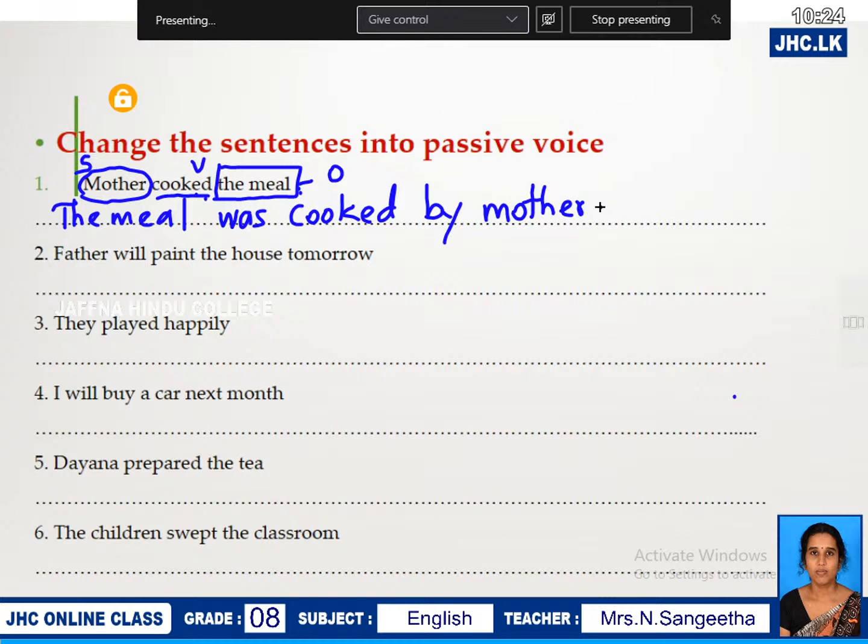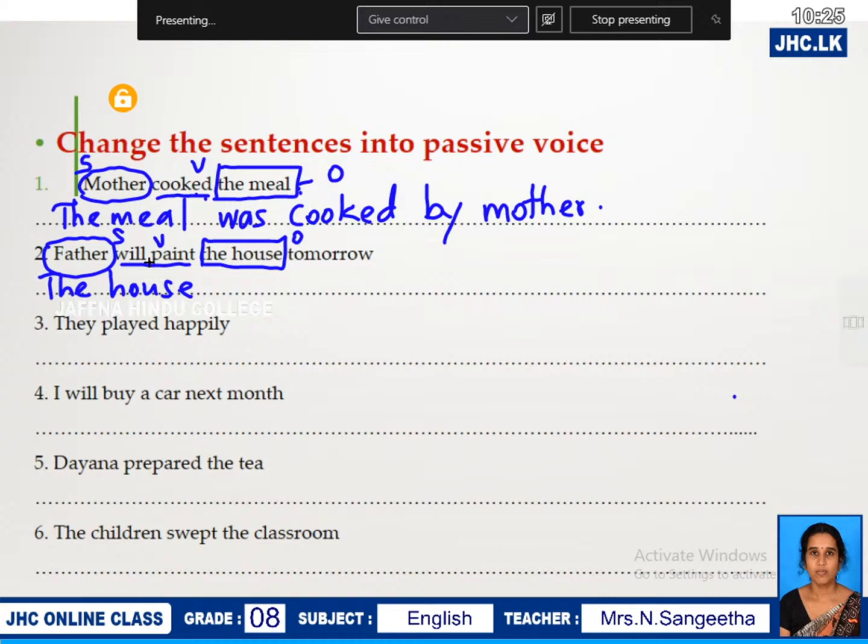Father will paint the house tomorrow. Who? Father. What will he do? He will paint. This is the verb. What will he paint? The house. So this is the object. So bring the object to the beginning. The house. It is singular, but there is no need to worry about it because it is in future.